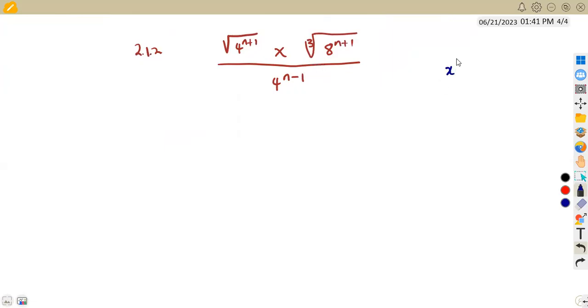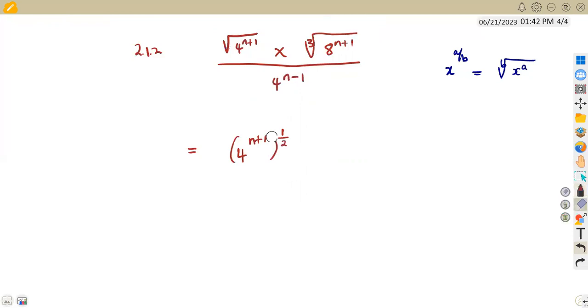Remember that x, if raised to the exponent of a over b, gives us the bth root of x raised to the exponent of a. So here we've got the square root of x, which is the same as to the exponent of half. I think we are now used to this. So that's 4 to the exponent of n plus 1, which was there already, but now everything is going to be raised to the exponent of a half.